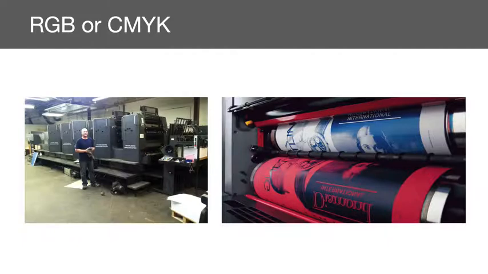And it's called offset because when they're printing this, each of these machines has a different color and a different plate. This is the plate. The plate is an image of that particular color. Then it goes through the rollers, and the top roller here is the paper, and the bottom is the plate. So every time the paper and the plate meet together, they drop off ink onto the paper from the roller.